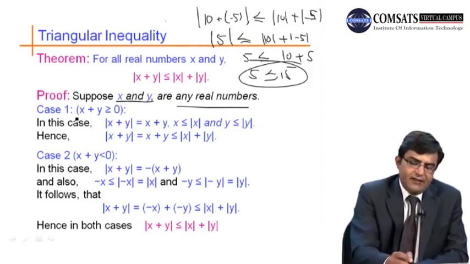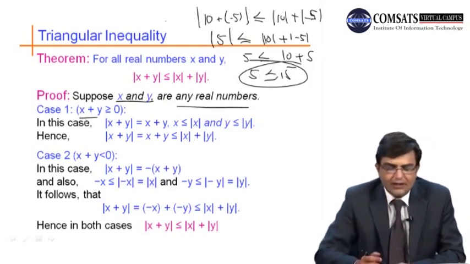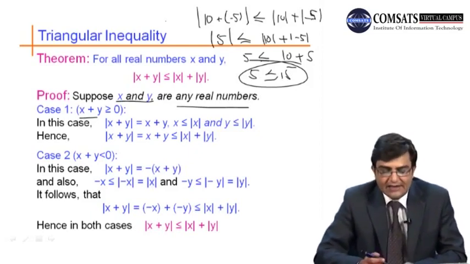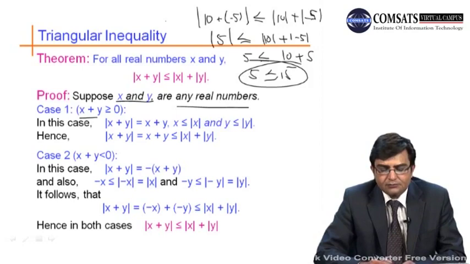Suppose x and y are any two real numbers. The first case is if x plus y is greater than or equal to 0, then the absolute value of x plus y is equal to x plus y. And we know that any number is less than or equal to its absolute value. So x is less than or equal to the absolute value of x, and y is less than or equal to the absolute value of y.